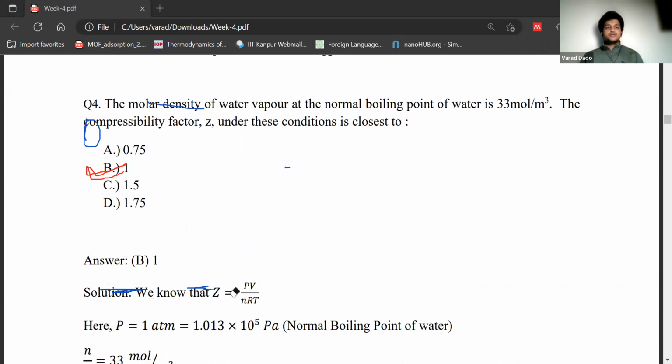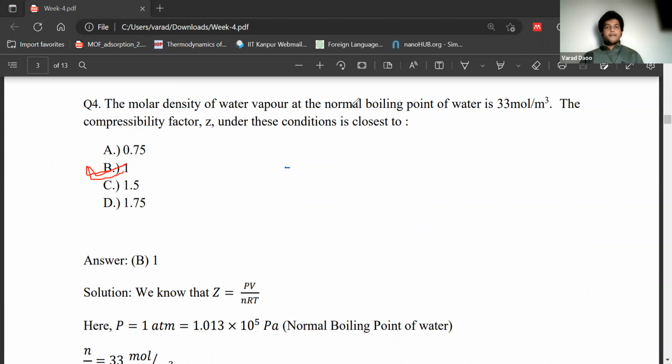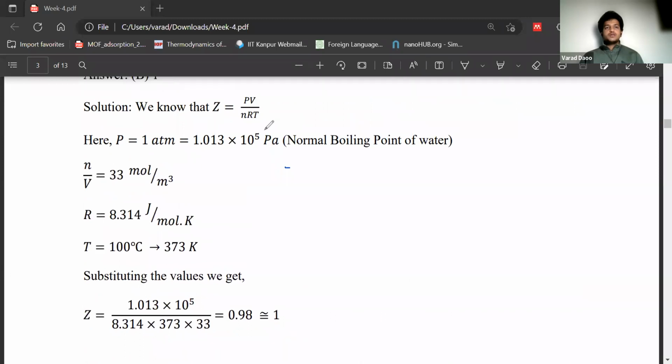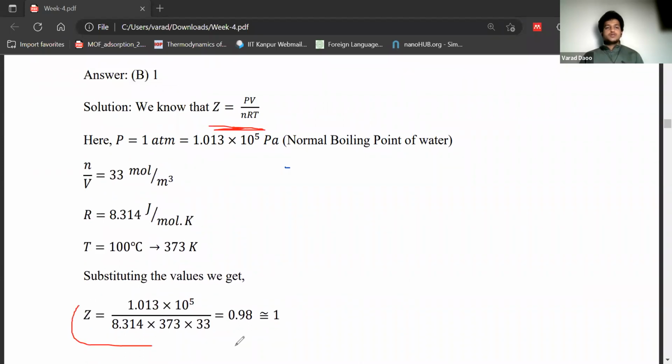Anybody has any question? Anybody who didn't understand? It's fairly simple. So this is the expression for that, and using that, you calculate Z as this. I'll wait for a couple of minutes if anybody has any doubts or would like to note down.